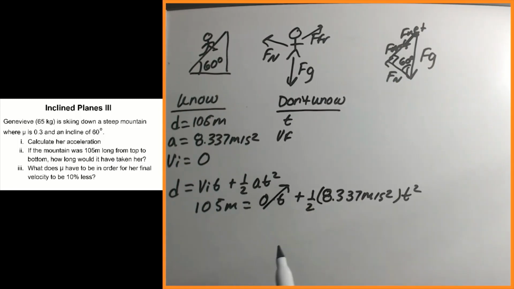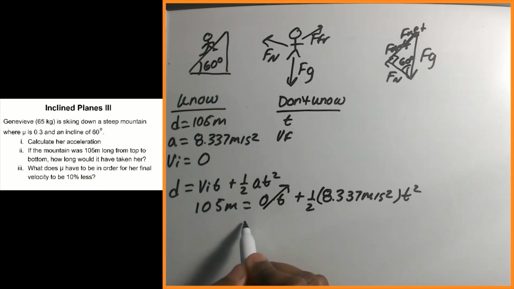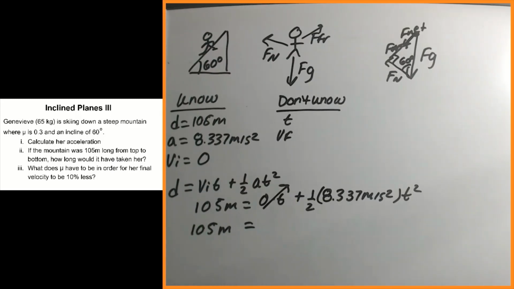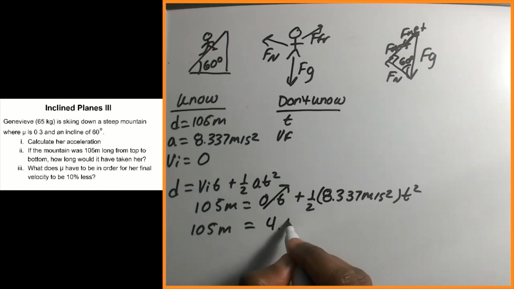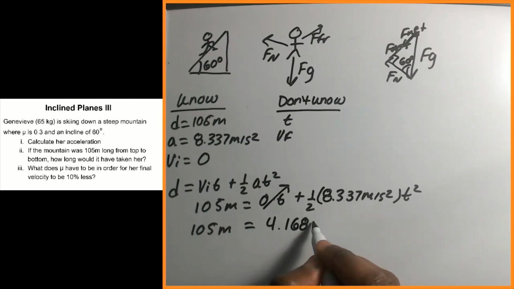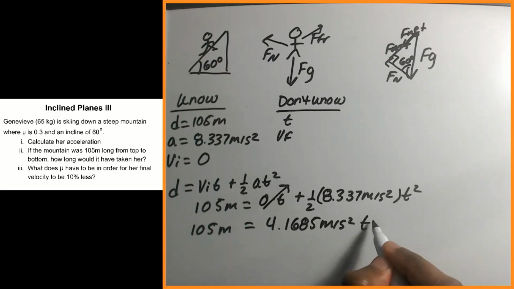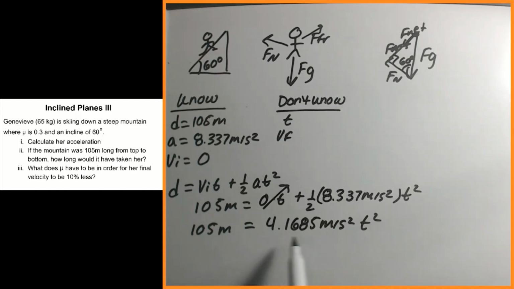So this cancels out, and what we get is 105 meters is equal to, let me calculate that, 4.1685 meters per second squared times t squared. So all you need to do is divide this over.